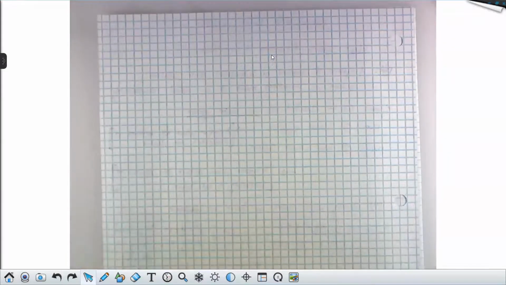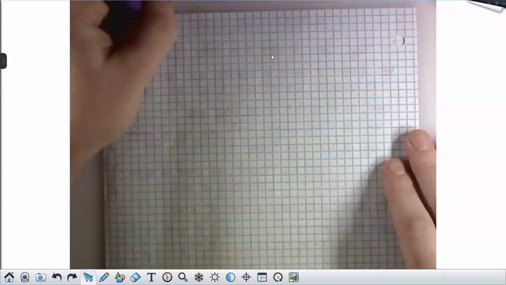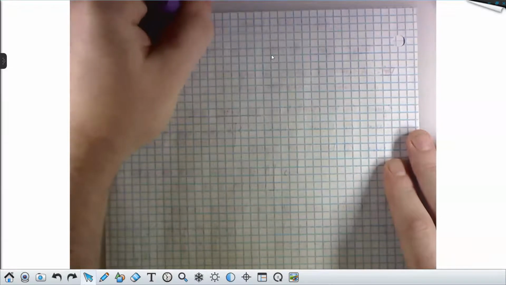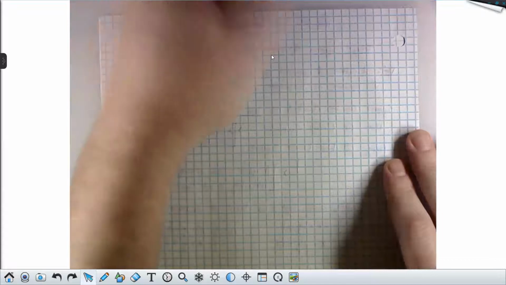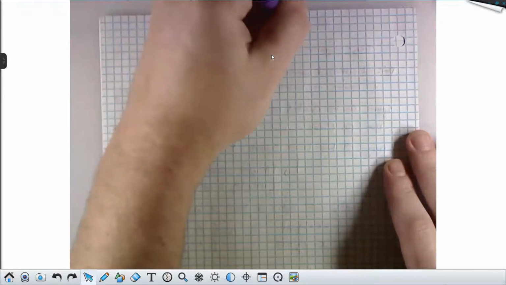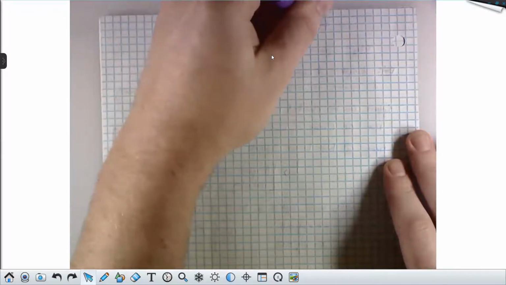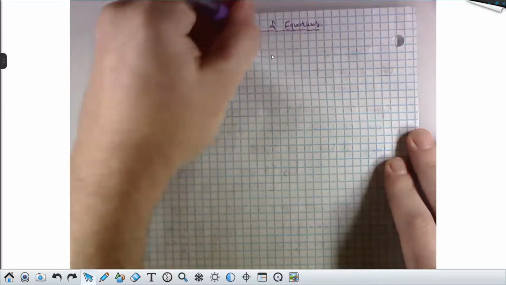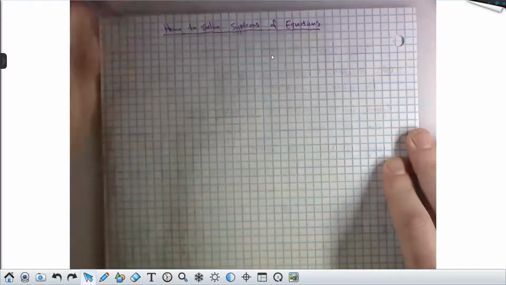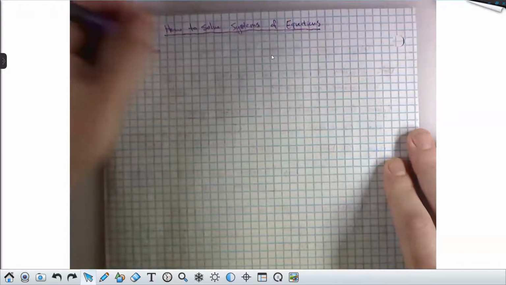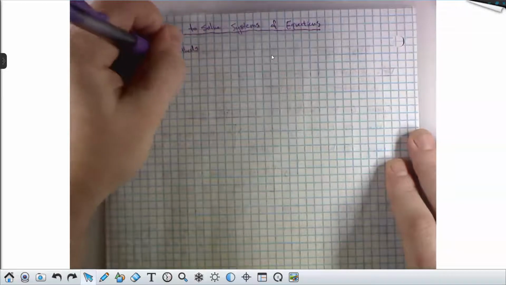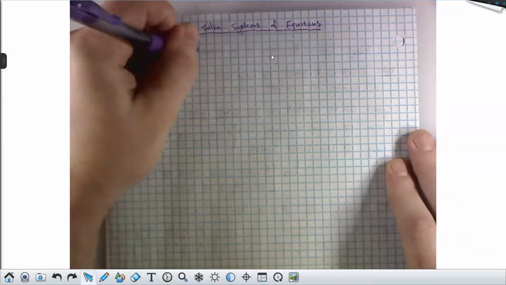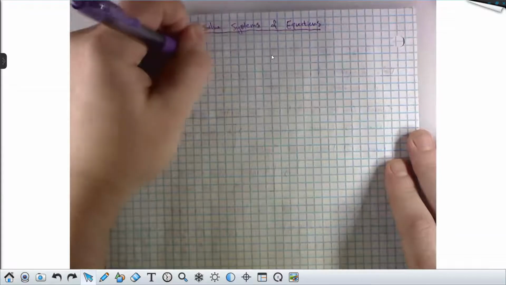So solving systems of equations. Basically, there's two methods. First is one you're probably familiar with, substitution.